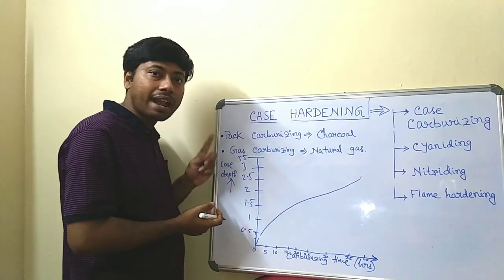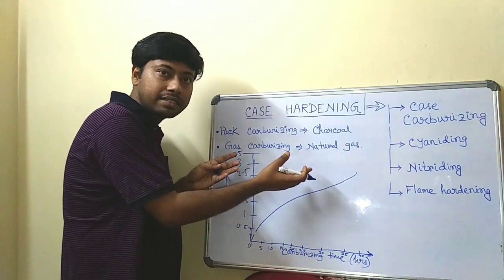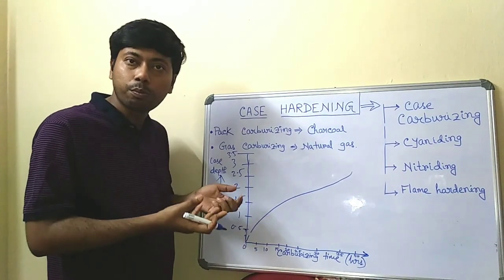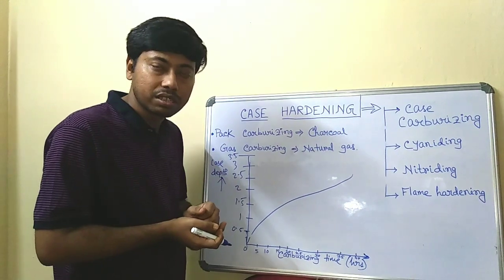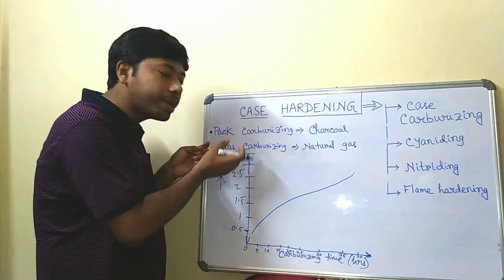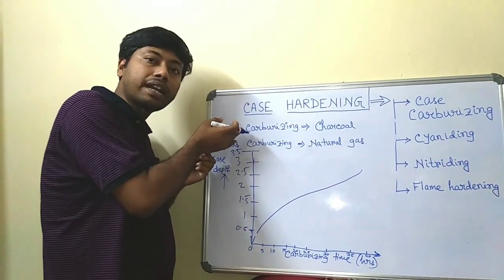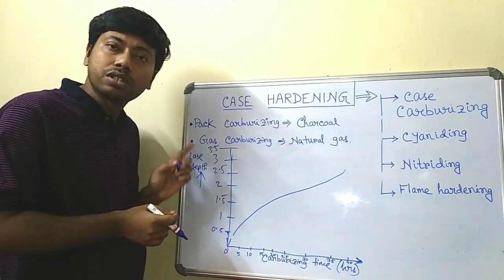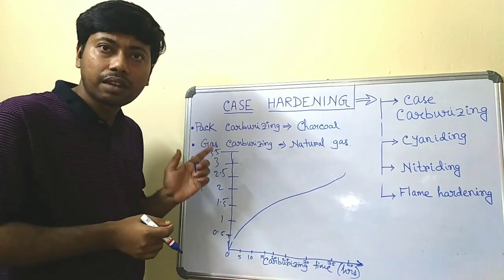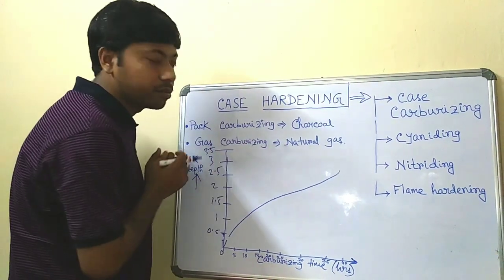One is pack carbonizing, another is gas carbonizing. When natural gas is used, it may be methane, propane, this type of natural gas, and in pack carbonizing, charcoal is used. But if you compare gas carbonizing with pack carbonizing, the most efficient is gas carbonizing because of the better control of properties, the surface property you can get through the gas carbonizing process.